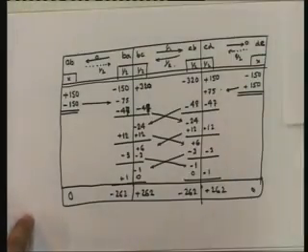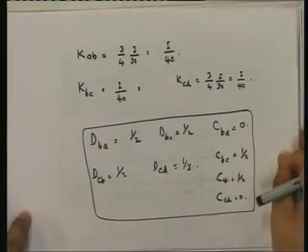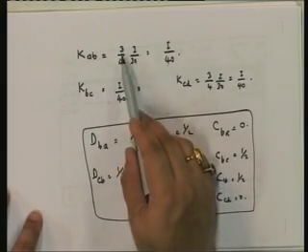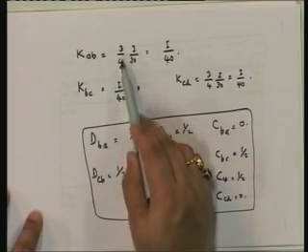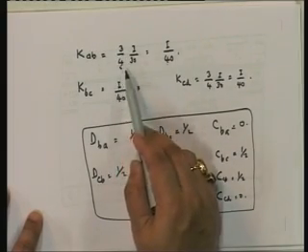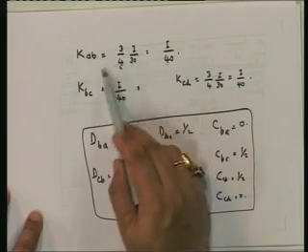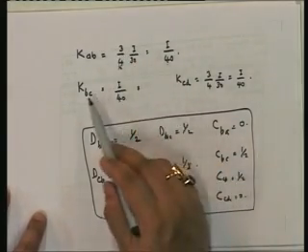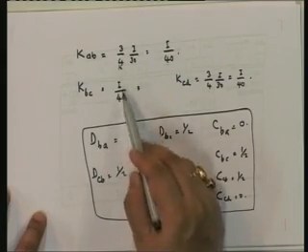So while computing the stiffnesses, that is where we take into effect that AB is a modified member. So KBA is 3/4 of I upon L. BC is a normal member, so it's I upon L.